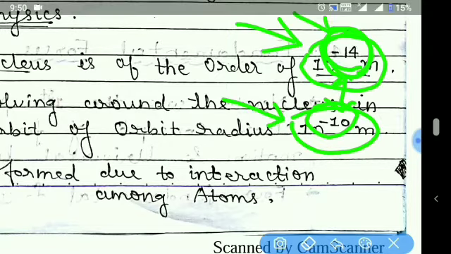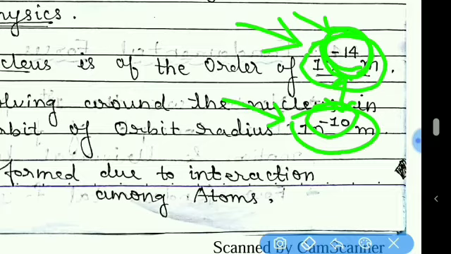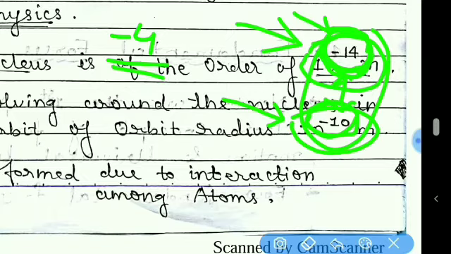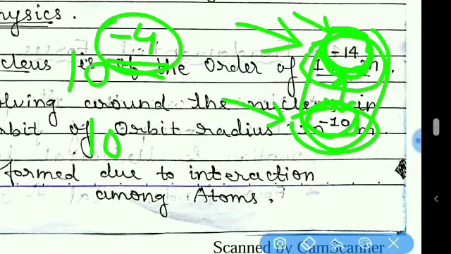The more negative the power, the smaller the dimension. And here you can see the difference is of -4. -10 and -14, the difference is -4, which as a power of 10 means it is 10,000 times smaller.